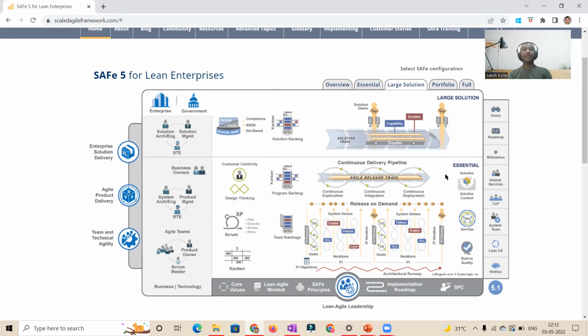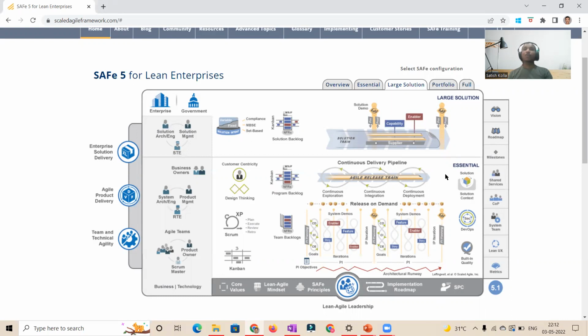The essential framework is like the ground floor of a building. Whichever configuration you go to, whether it is large solution, portfolio, or full configuration, the essential configuration remains as is. That's the reason the first step is to understand how to implement essential configuration for one agile release train, and then the next step is to scale up either to large solution, portfolio, or full SAFe as required.